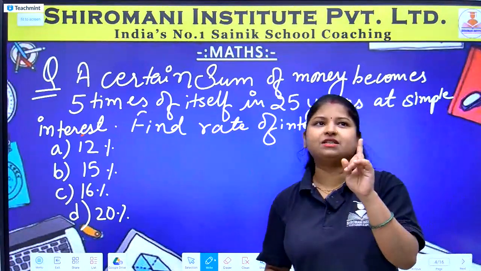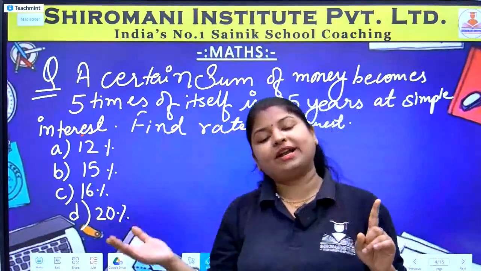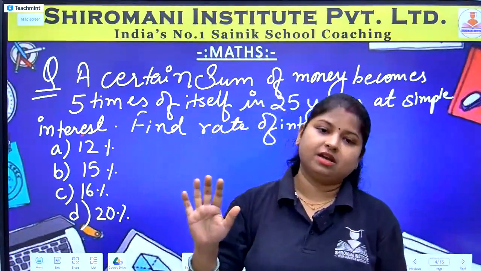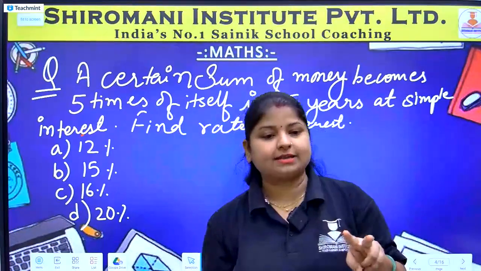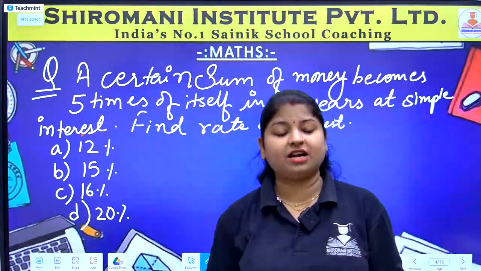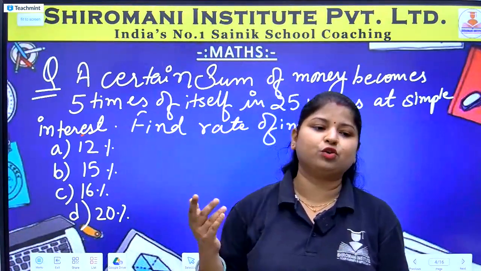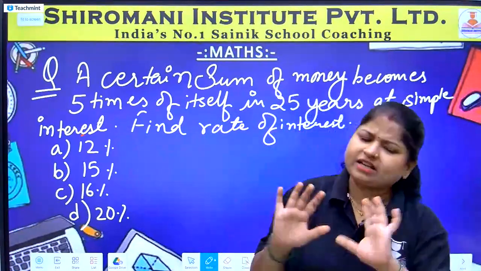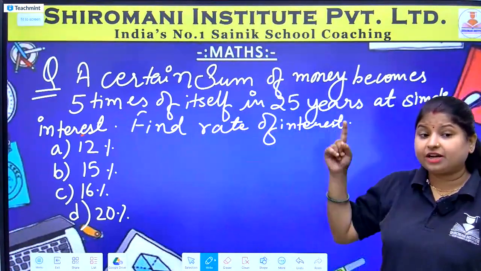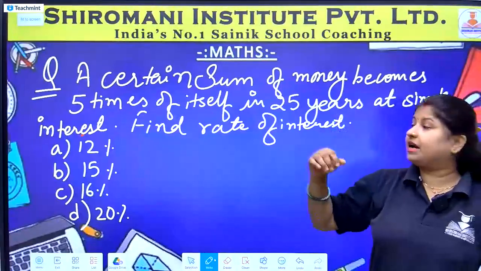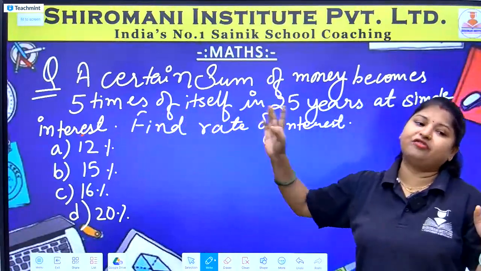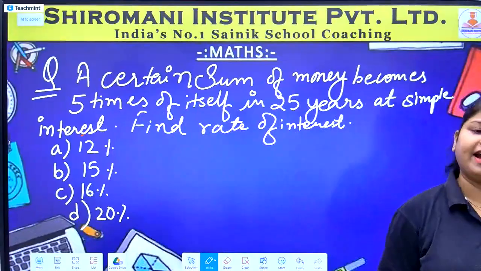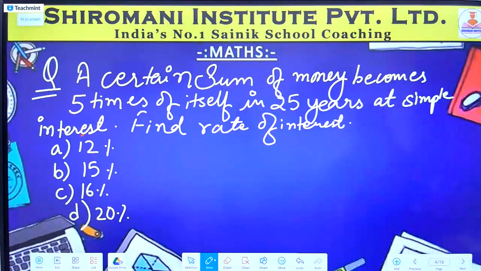If my principal is 1 rupee, after 25 years, it will become 5 rupees. If my principal is 2 rupees, after 25 years, my principal will become 5 into 2, 10 rupees. Whatever is my principal, after 25 years, it becomes 5 times of itself. You have to find the rate of interest.